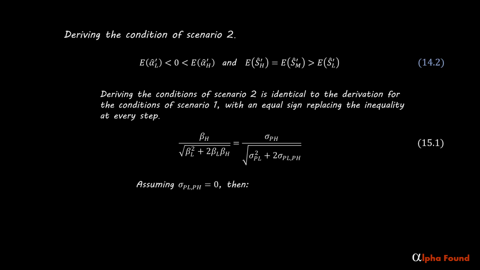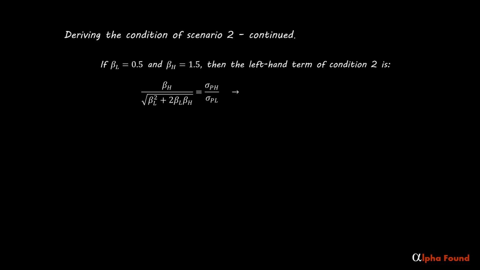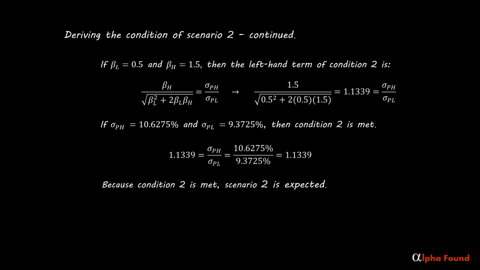Assuming the covariance between perturbations is 0, then if the ideal betas are the same as in example 13.1, then the left-hand term of condition 2 is... if the standard deviation of the perturbations for the high CAPM beta portfolio is 10.6275% and the standard deviation of the perturbations for the low CAPM beta portfolio is 9.3725%, then condition 2 is met. Because condition 2 is met, scenario 2 is expected.